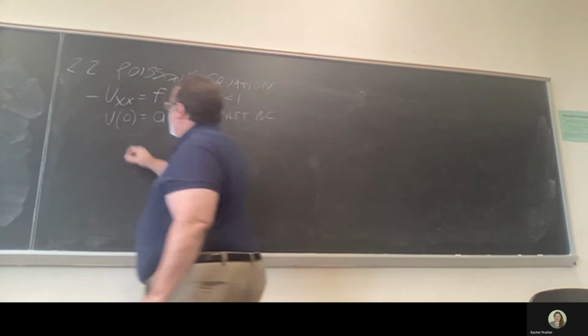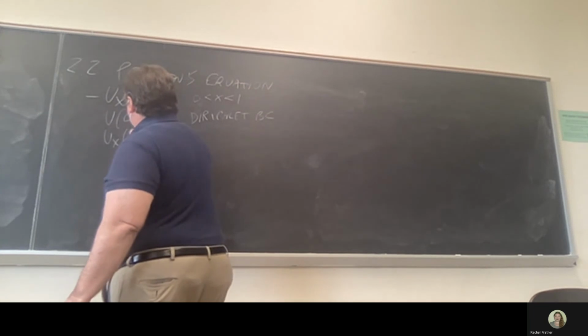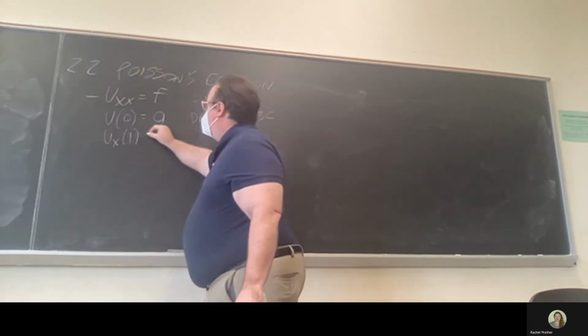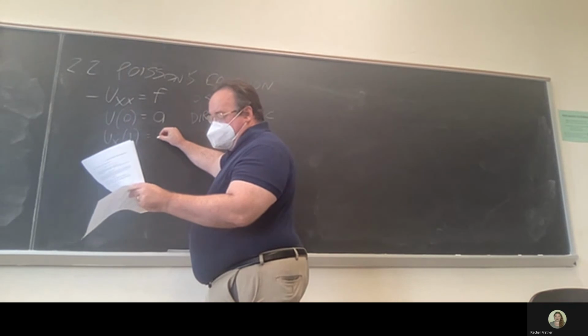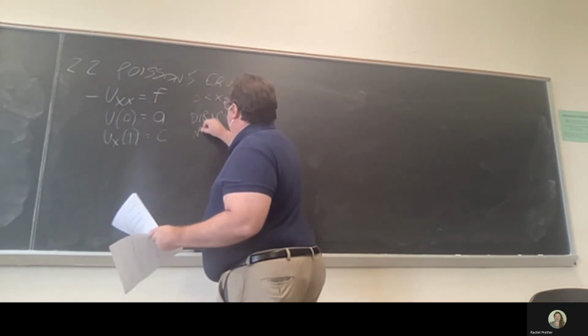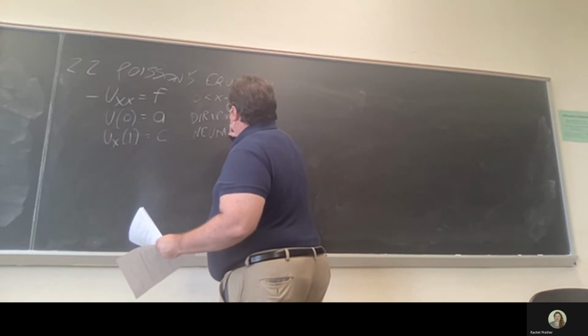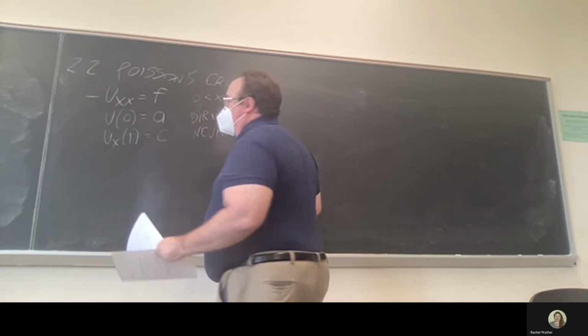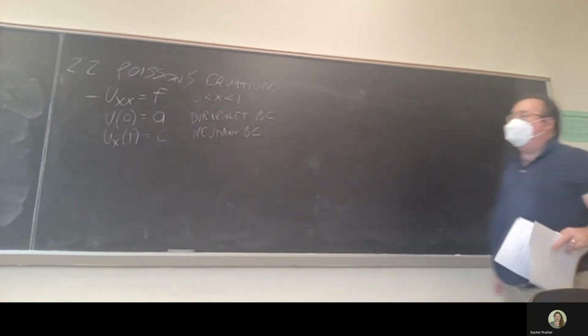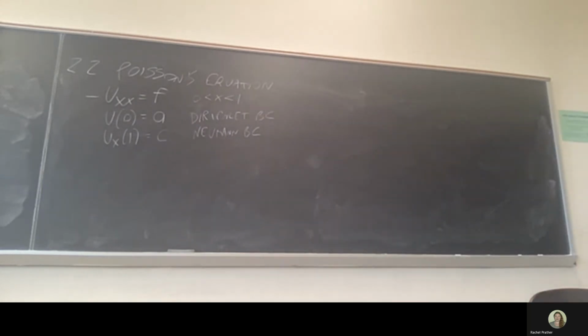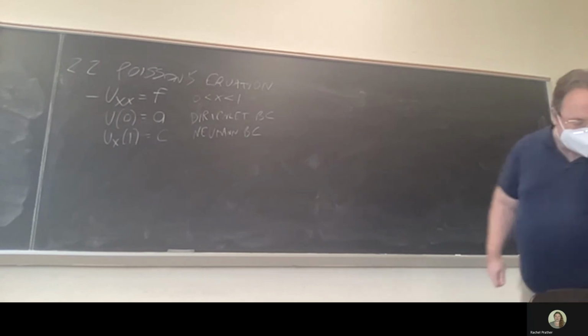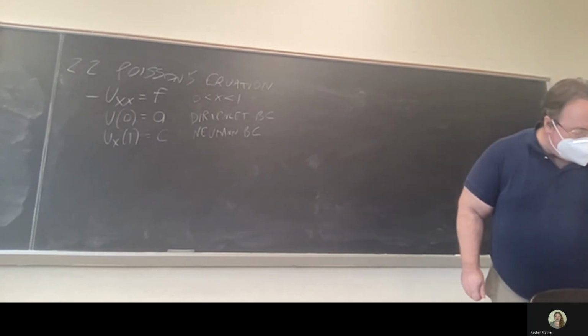And then at the right endpoint, x equals 1, we have du/dx equal to the value c, that is a Neumann boundary condition. So I can illustrate the very different ways of handling those conditions.